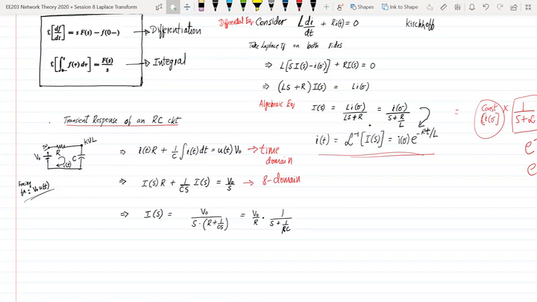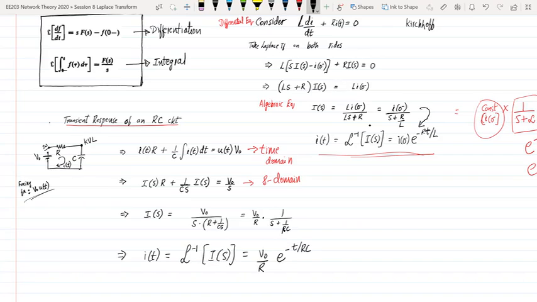Now if I want to find the Laplace inverse of this, what's going to happen? This implies I of t is the Laplace inverse of I of s. That's V naught over R, a constant, times exponential of minus t over RC.